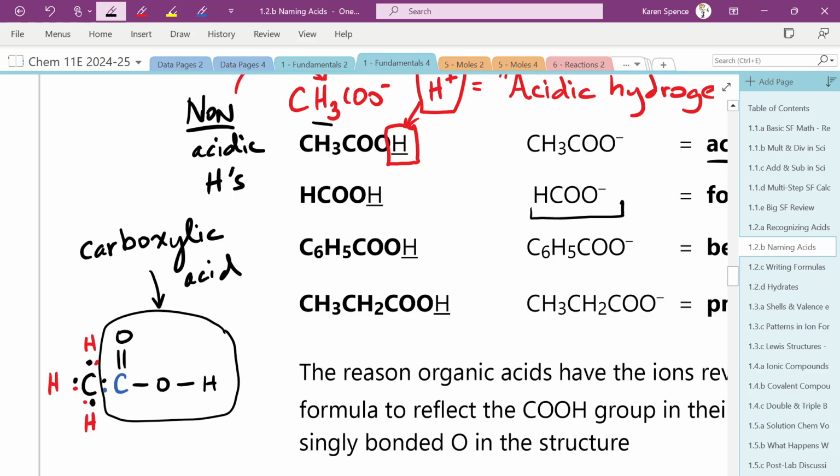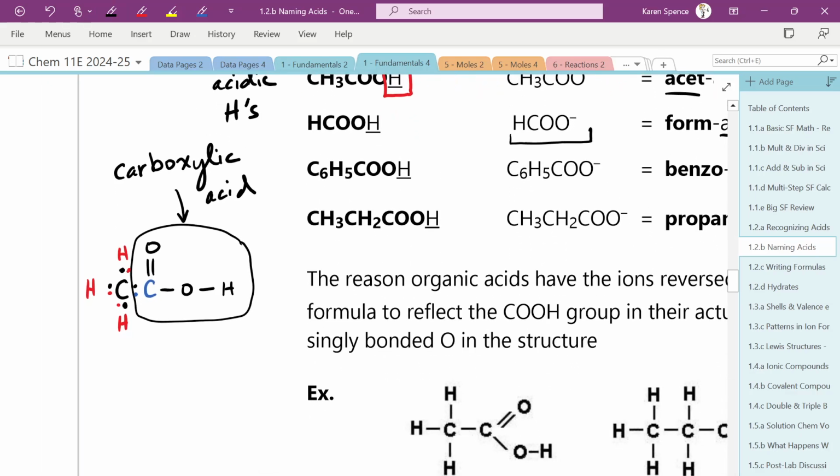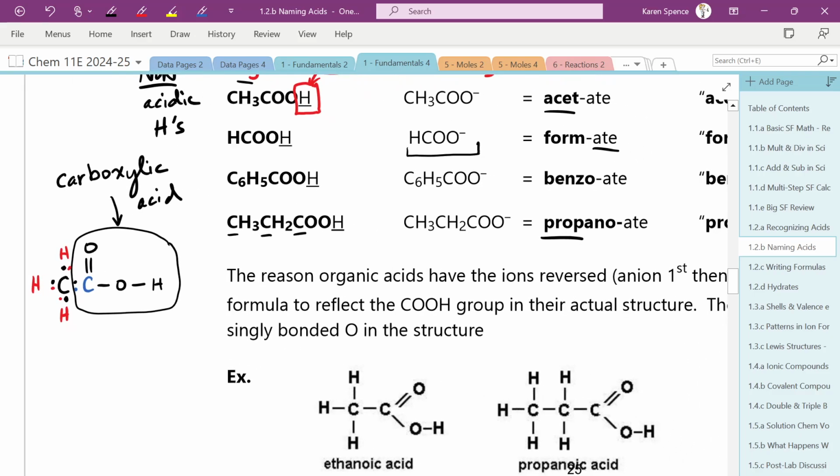And that's why we write it as CH3COOH, because the structure actually looks like COOH. And we could have, oh look, CH3, CH2, COOH, and that is called propanoate, and the acid is propanoic acid.